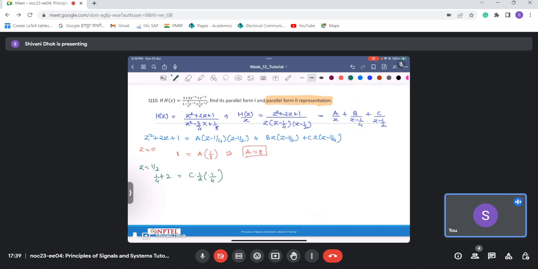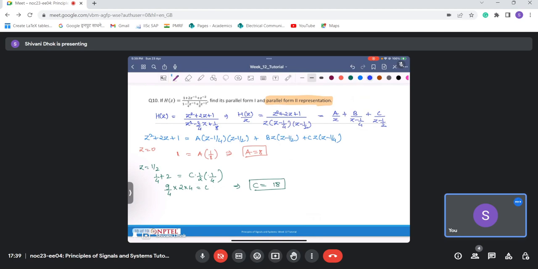So this comes out to be 9 by 4 into 2 into 4 is equal to c, which means that c is equal to 18.